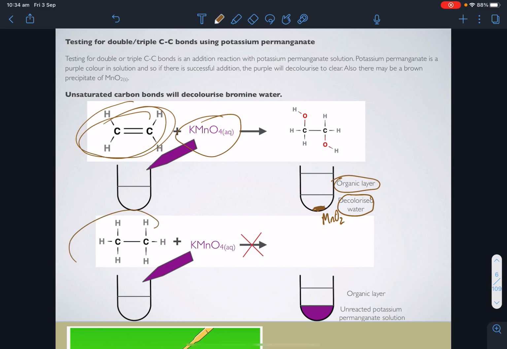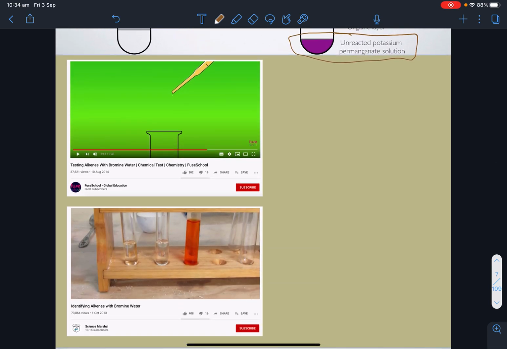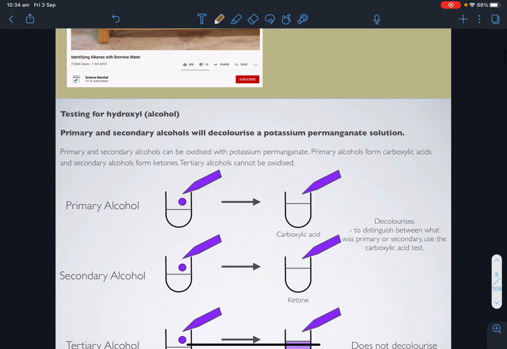If you have your saturated molecule, you'll drop your purple solution in and it will sit on the bottom unreacted as purple. Remember when we did it, you might need to give the test tube a bit of a shake to make it really work. But the potassium permanganate is a lot safer to use. There are a couple of videos if you choose to watch them.